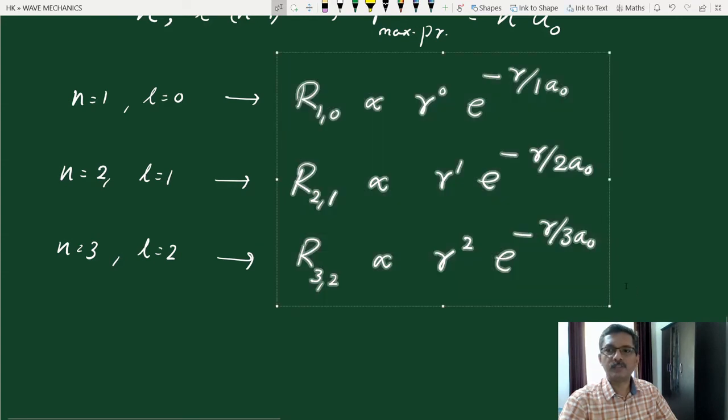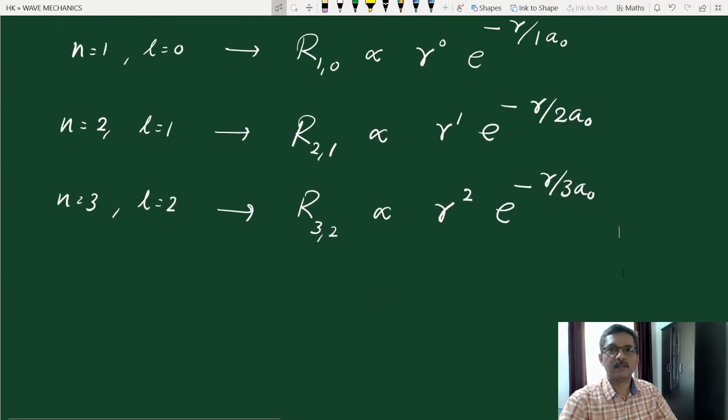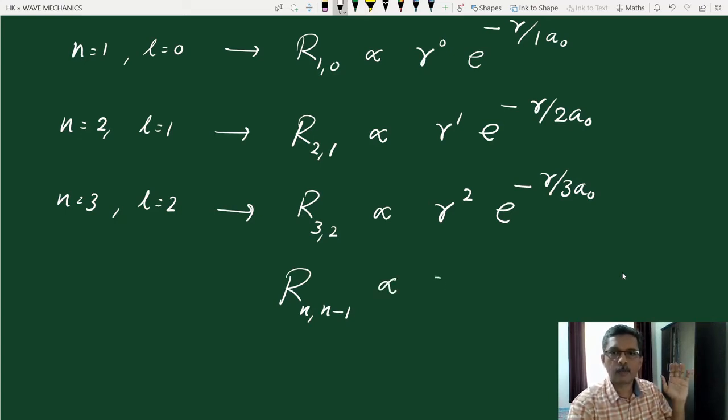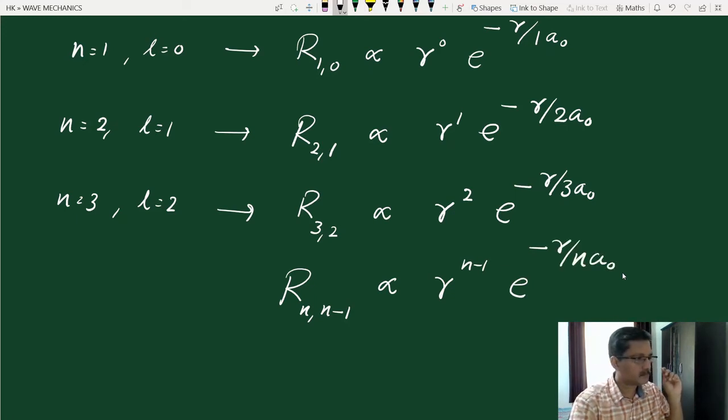If you generalize, in general, if you have R with principal quantum number n and orbital quantum number n minus 1, the highest orbital quantum number for a given n, then this is proportional to r raised to n minus 1 e raised to minus r by n a0.